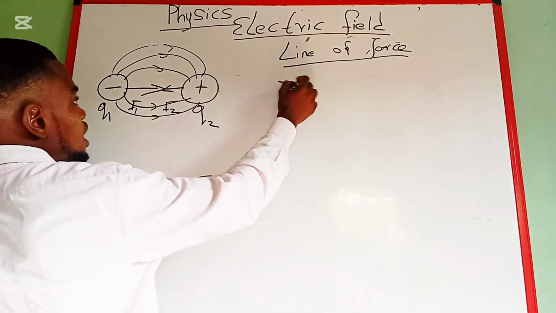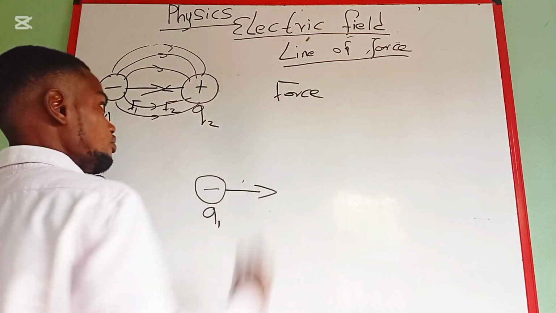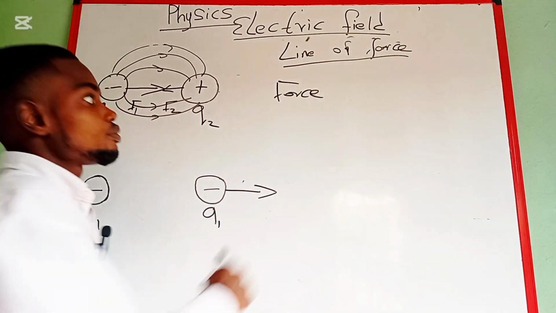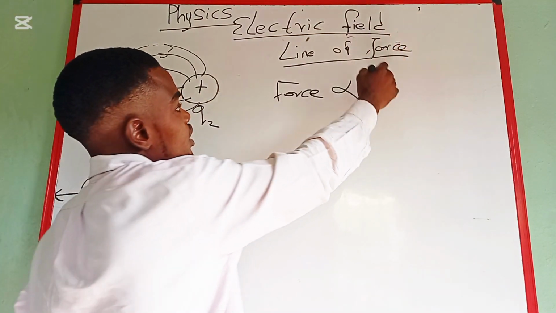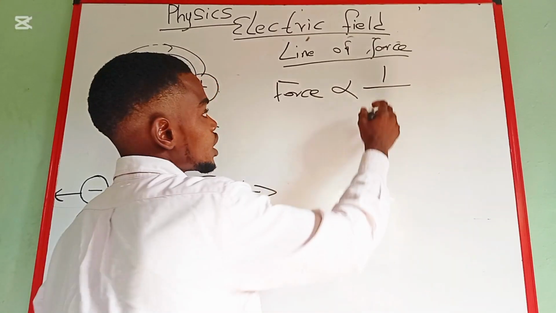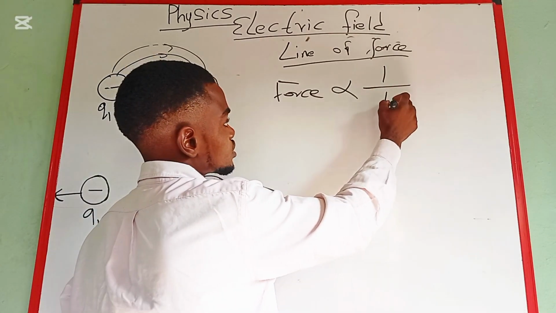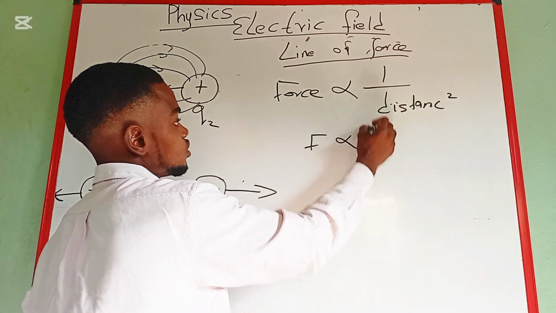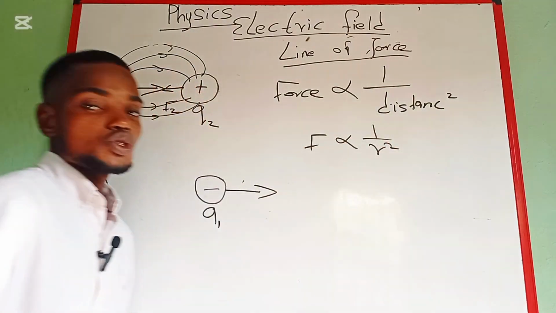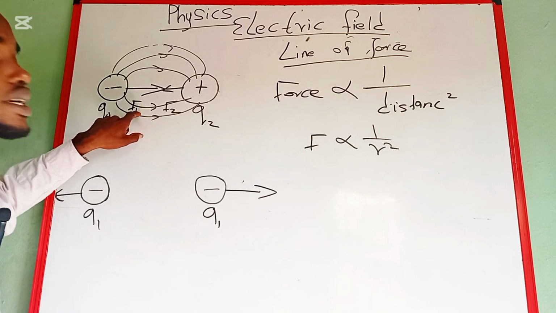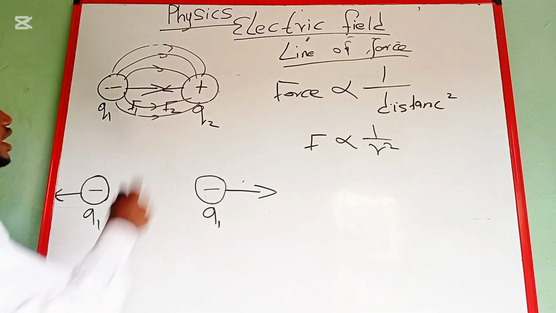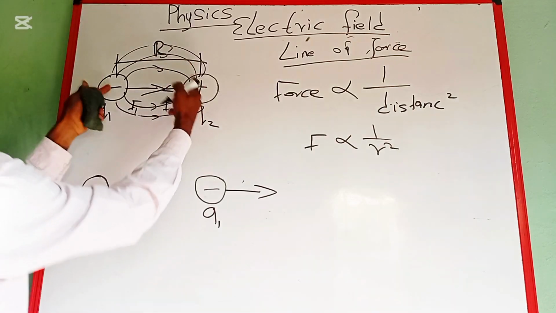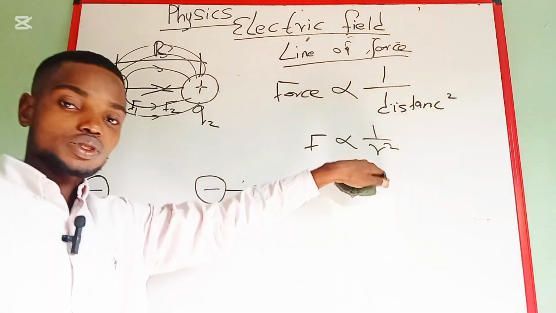He stated that the electrical force, the force of attraction between two charges, is inversely proportional to the square of their distance. So, distance squared, which is F proportional to 1 over R squared. From here to this place is the distance between these two charges. The force is inversely proportional in this form.